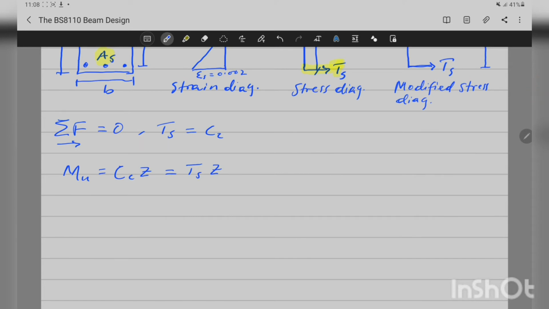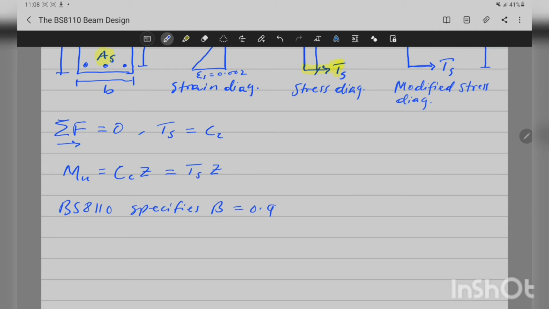Now the code BS8110 specifies that beta should equal 0.9.